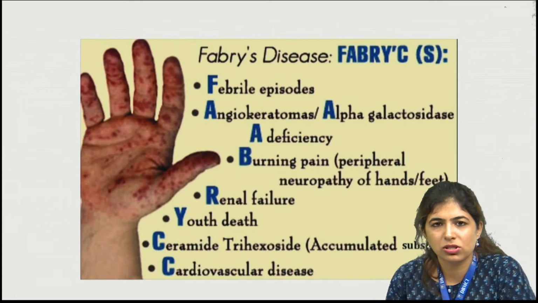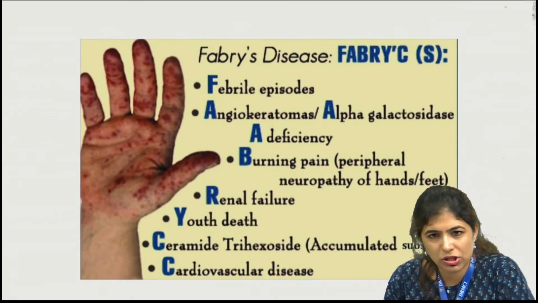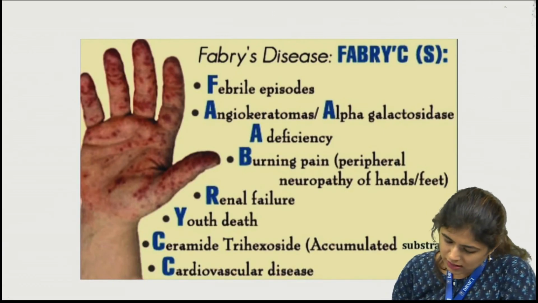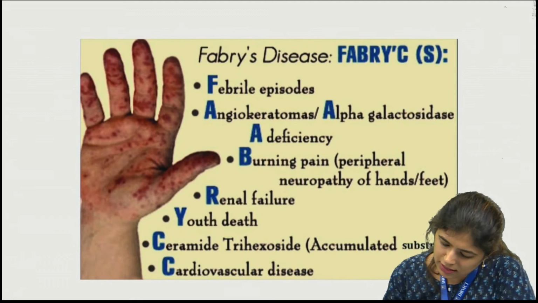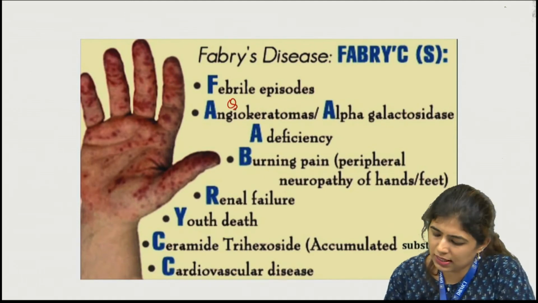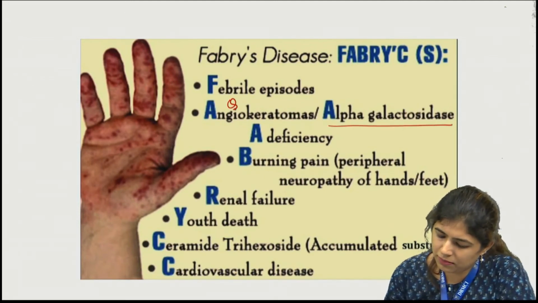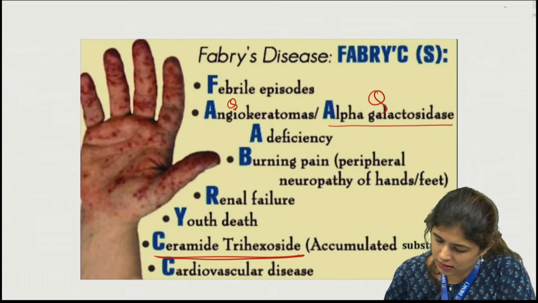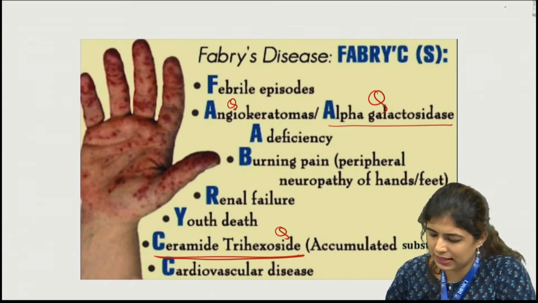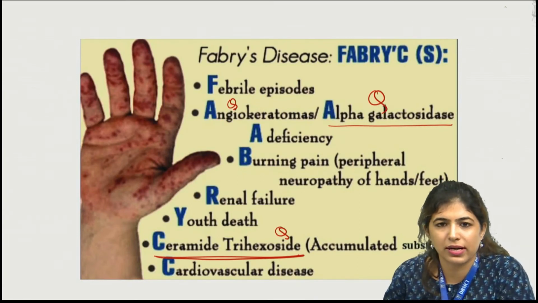This is just an image giving you the salient features of Fabry disease, all of which are important. All of these are questions. Which ones do questions come on? Angiokeratoma, as you've just seen. Then the enzyme alpha galactosidase, leading to accumulation of trihexosides, which are the ceramide trihexosides.